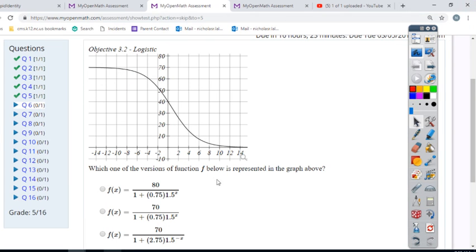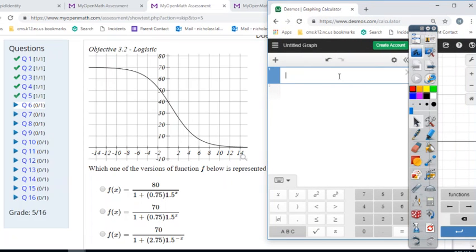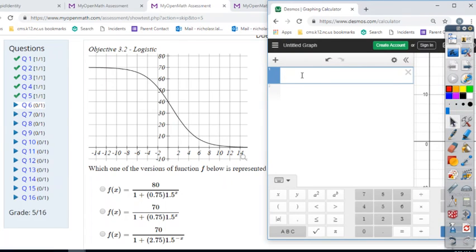we can use Desmos to model the problem. So pull up Desmos, and let's pick the first problem with a value of 70. 70 over 1 plus 0.75 times 1.5 to the x.